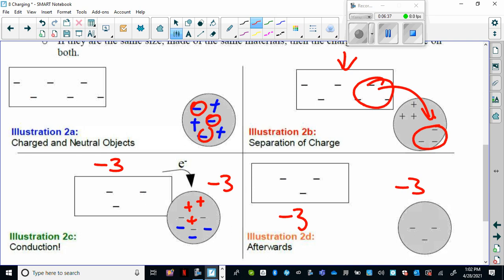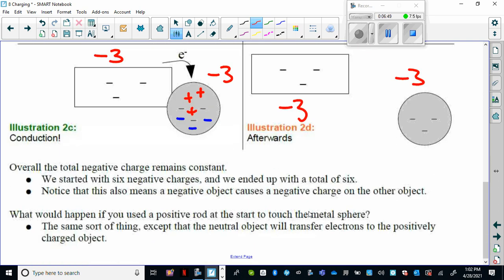They're attracted because of the separation in charge, but once they touch, the electrons in the ebonite are transferred over to the pith ball, and therefore they're both going to have a negative charge, and they're going to repel one another. So that can be a kind of complicated process, and you should watch the video over or watch some other videos online to describe that process of charging by conduction.